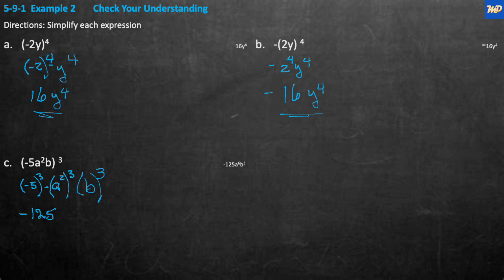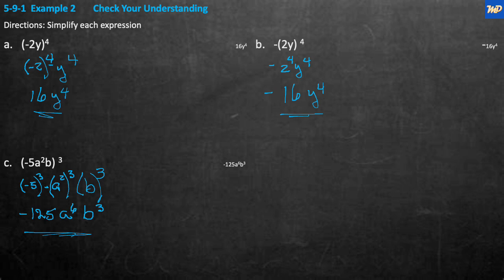And when you raise a power to a power, you're multiplying the powers. So a to the 2 times 3 is a to the 6th power times b to the 3rd power. And there's our solution. Negative 125, a to the 6th, b cubed.